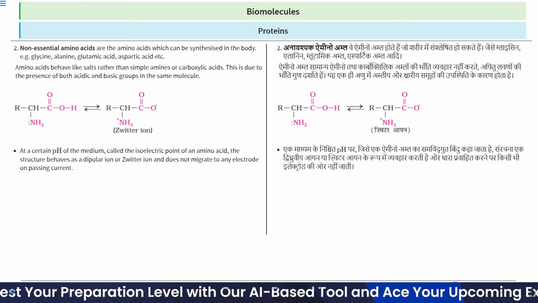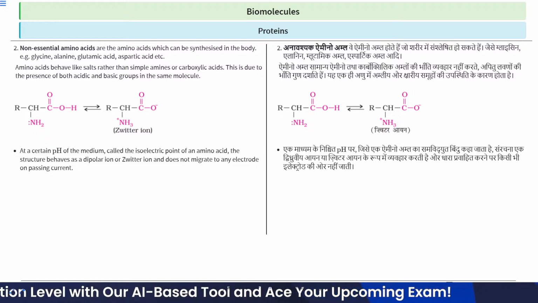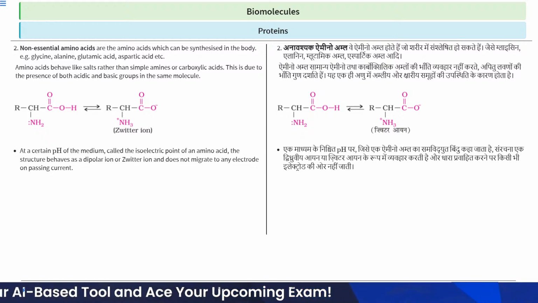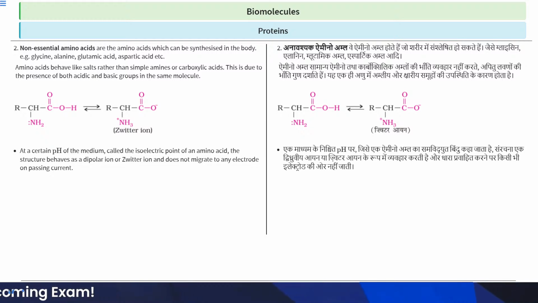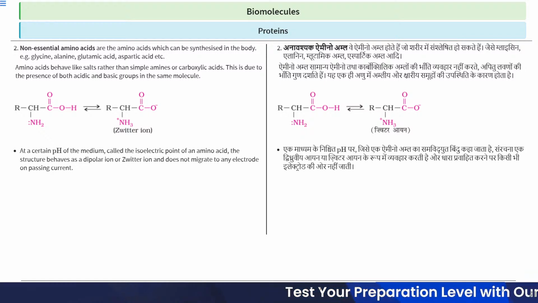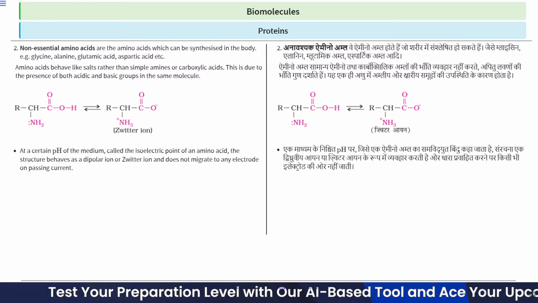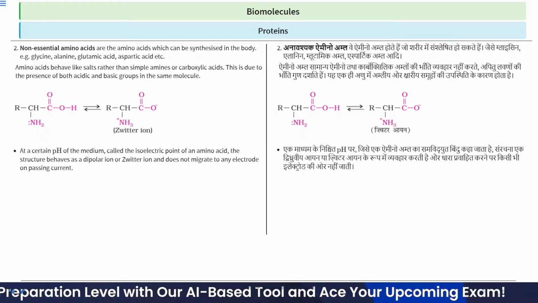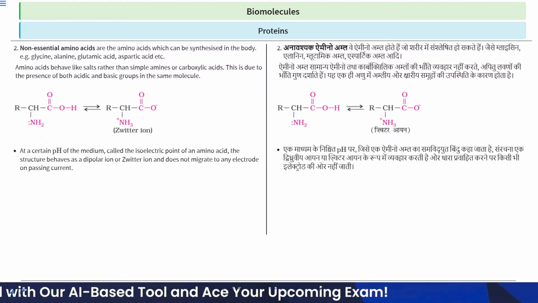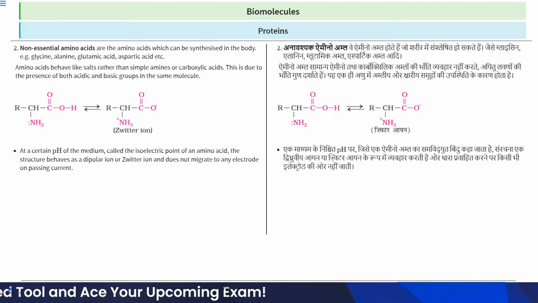At that point, the amino acid behaves as a dipolar ion and does not migrate to any electrode, either cathode or anode, on passing current. Why? Because both types of charge are present in the Zwitter ion.